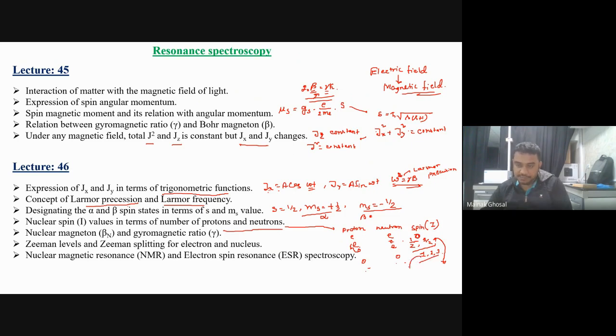The molecules which have I equal to half, 3/2 are actually fermion like, and the ones with integral spin, 1, 2, 3, are like bosons.